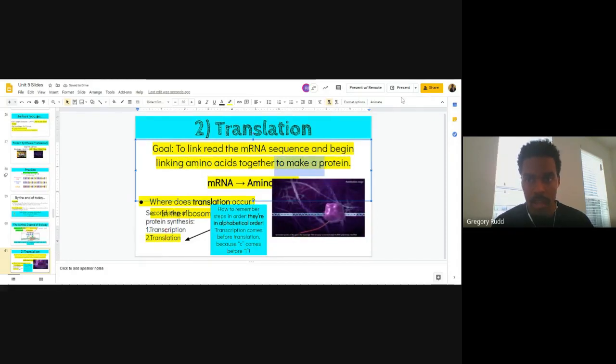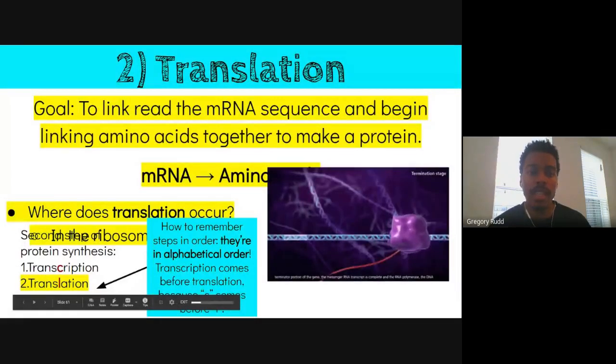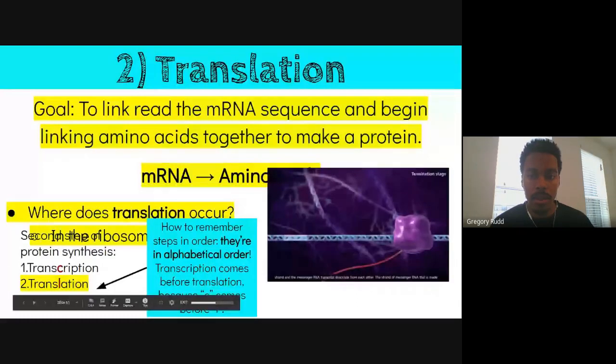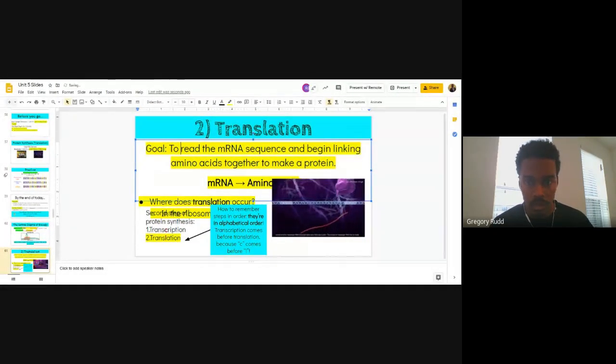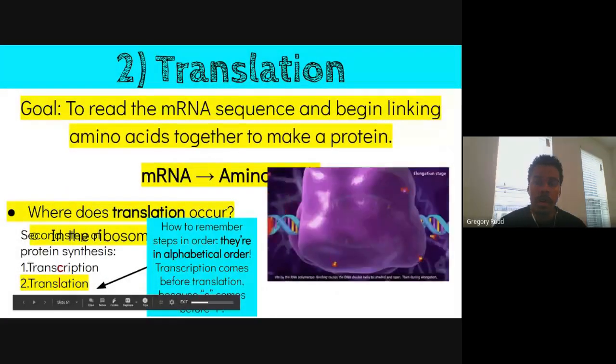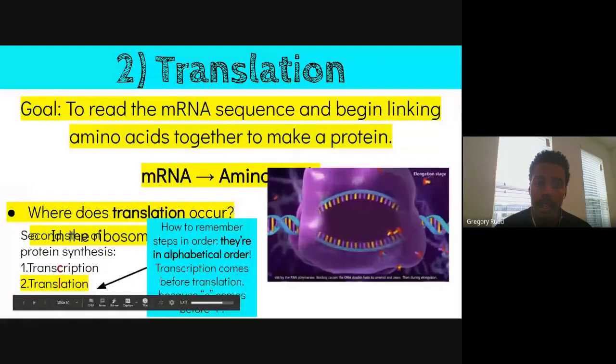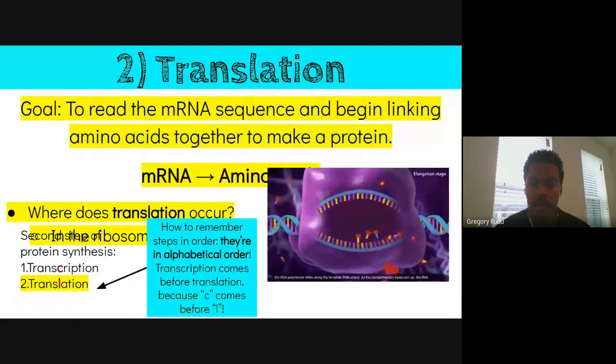All right, yeah, I just added that. That's better. So the goal is to read the mRNA sequence and begin linking amino acids together to make a protein.